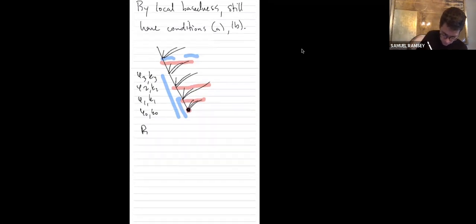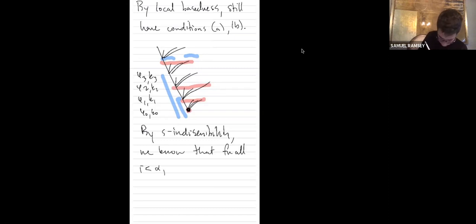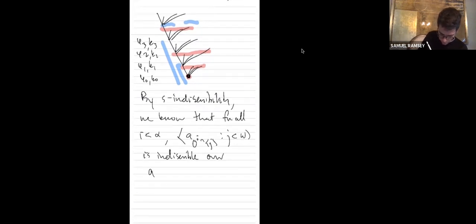So by S-indiscernibility, we know that for all i less than alpha, the sequence a sub 0 to the i concatenated with j, as j ranges over the natural numbers, is indiscernible over a sub 0 to the less than or equal to i.